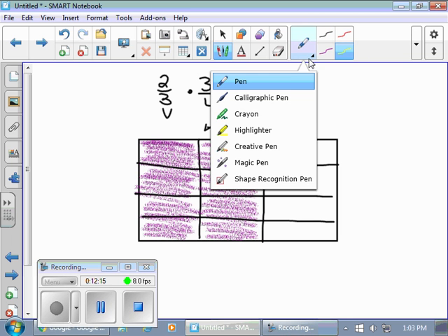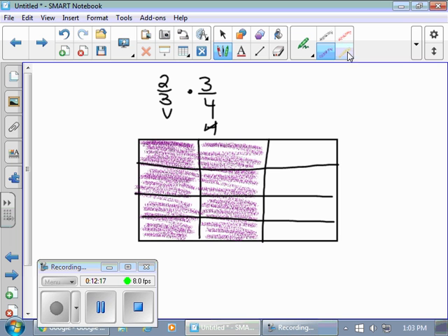So I'm going to use and I'm going to color 3 of them. You got to use the contrasting color to what you used on the first one.